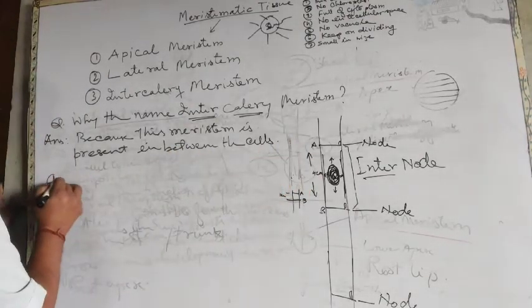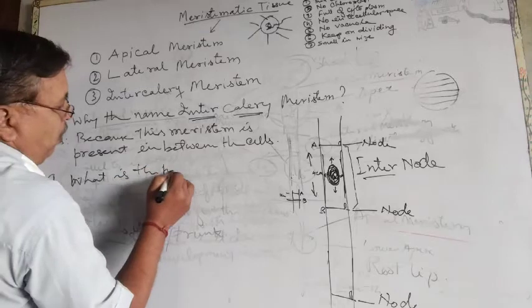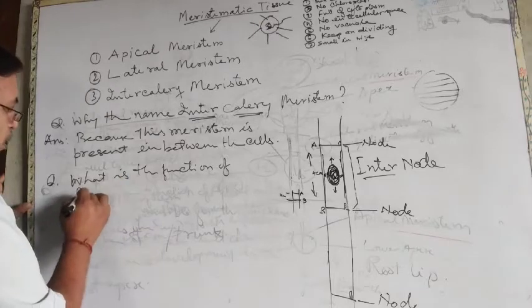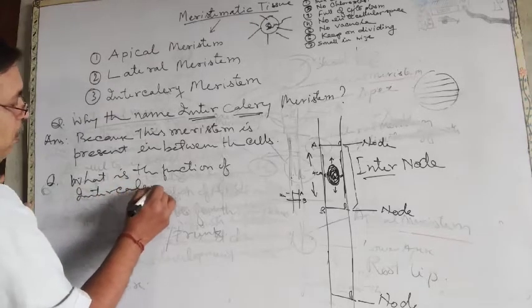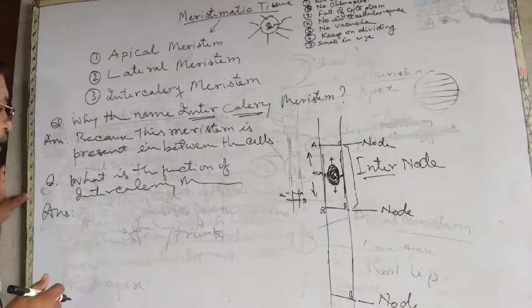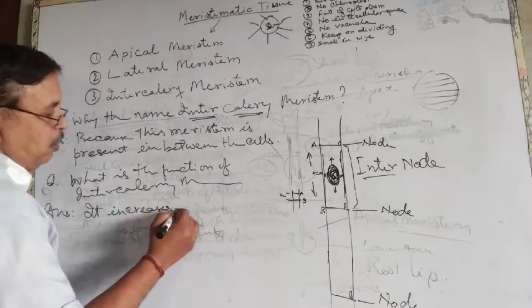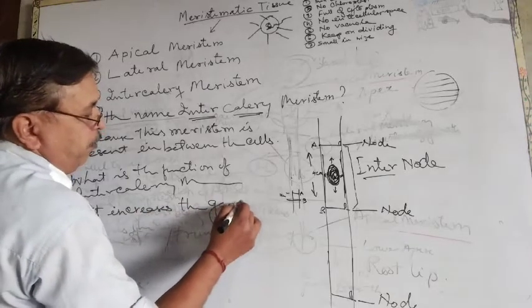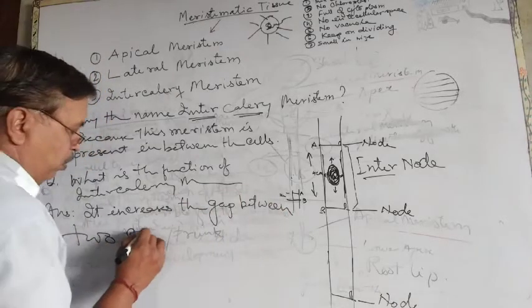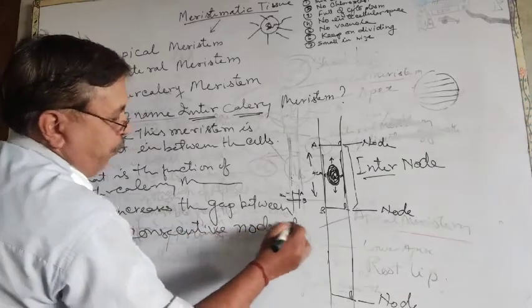Then what is the function? Question number 2. What is the function of intercalary meristem? So the answer as regards function is, it increases the gap between two consecutive nodes of a stem.